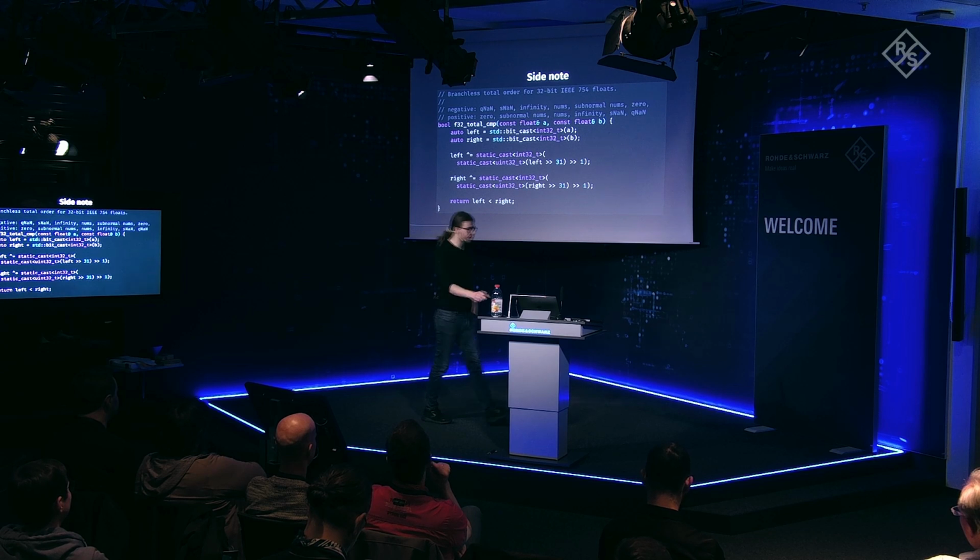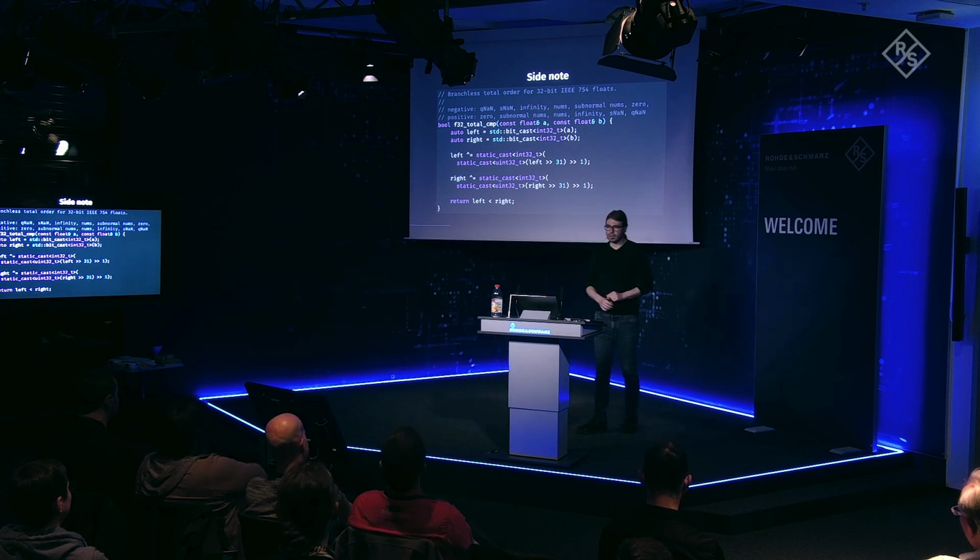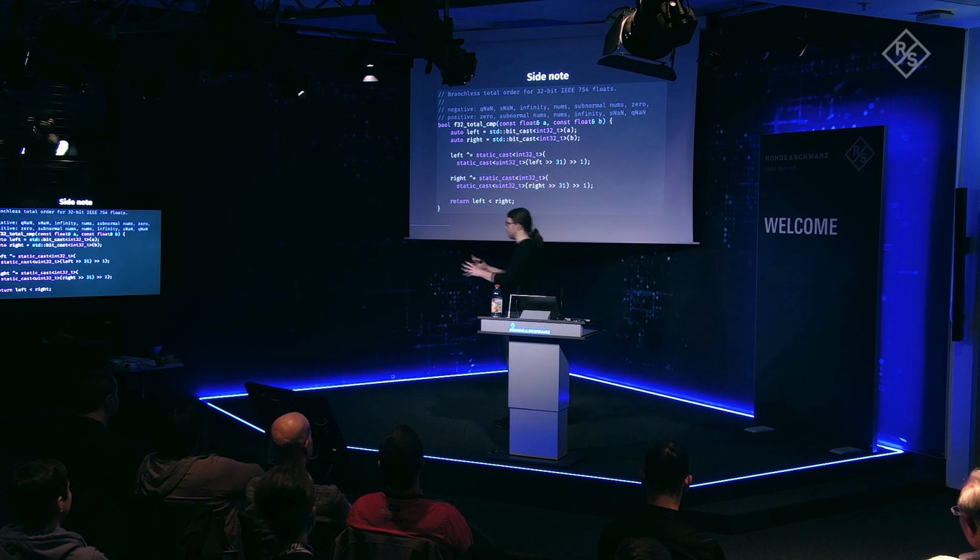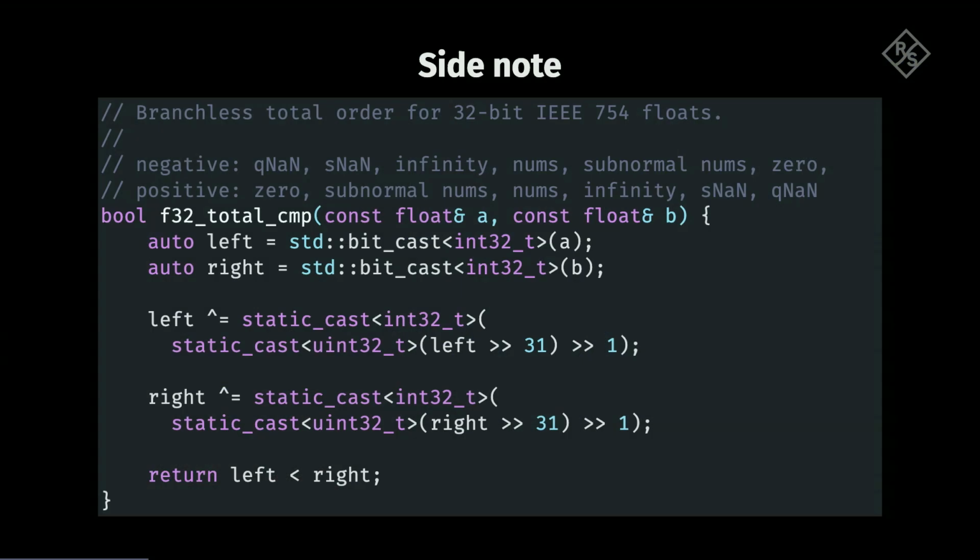And this is a side note. If you need to sort something that contains floats, and you want to have a total order that actually makes some kind of sense, and you don't want to filter them out earlier, or you can't prove by construction that you don't have NaNs in your input, this is a branchless function for doing the comparison. It's quite effective, let's say maybe 10% performance cost.